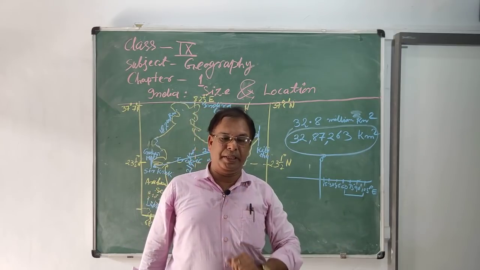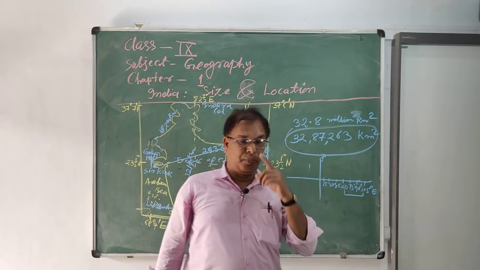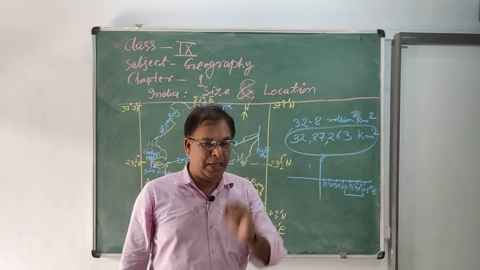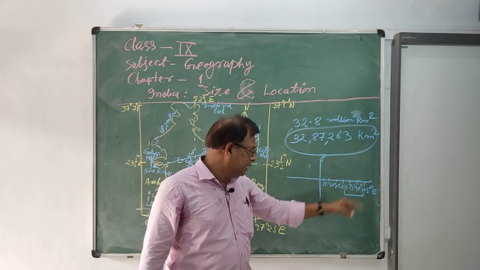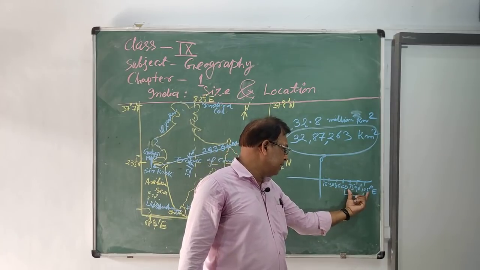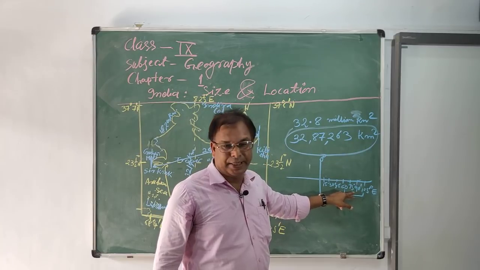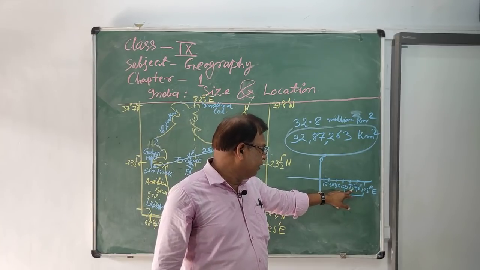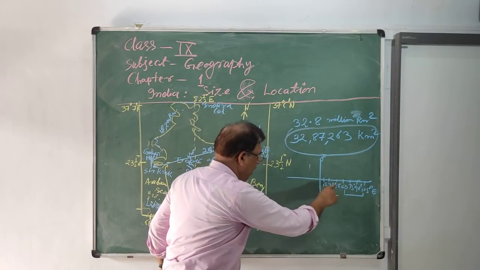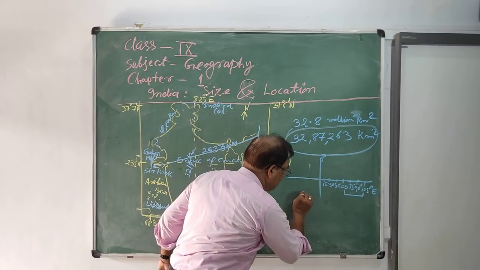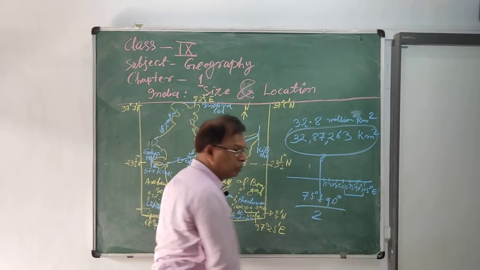Every 15 degree meridian is known as a standard meridian, and any country fixes or calculates time with the help of the standard meridian. India lies between 60 and 105 degrees east longitude, and two standard meridians are located here, 75 degrees and 90 degrees. So the average meridian of India is 75 degrees plus 90 degrees by 2.